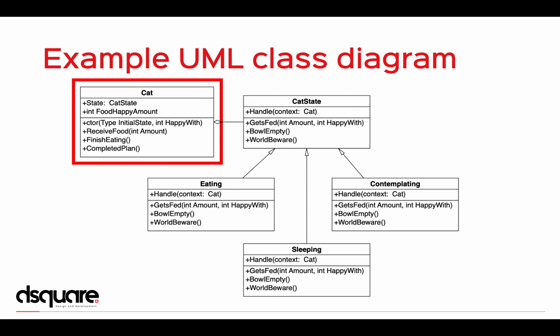We also then have three methods: one for receive food, one for finish eating, and another one for completed plan. So the idea behind the state design pattern is we need methods on our context, which in this case is the cat, which is going to be used to call our state traversals. So in other words, when we receive food, we want to call a method on the current state of the cat that says the cat is being fed.